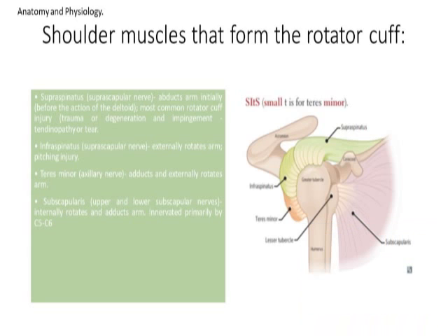The upper and lower subscapular nerves innervate that muscle, and it internally rotates and adducts the arm, innervated primarily by C5 and C6. Of these muscles, the most important, like I told you, is supraspinatus, because it lets the arm begin the movement of abduction, initially separating the arm.